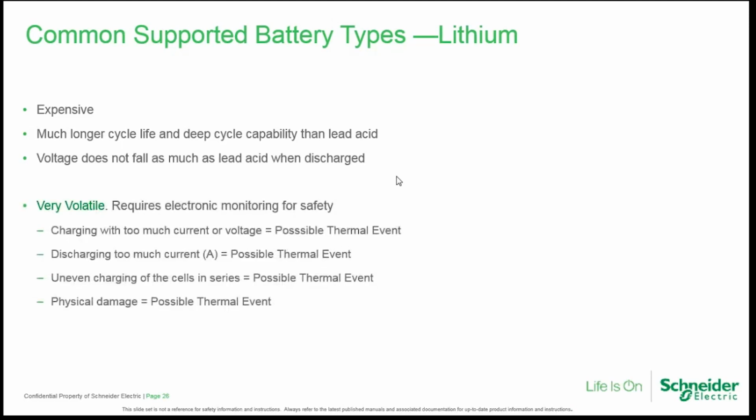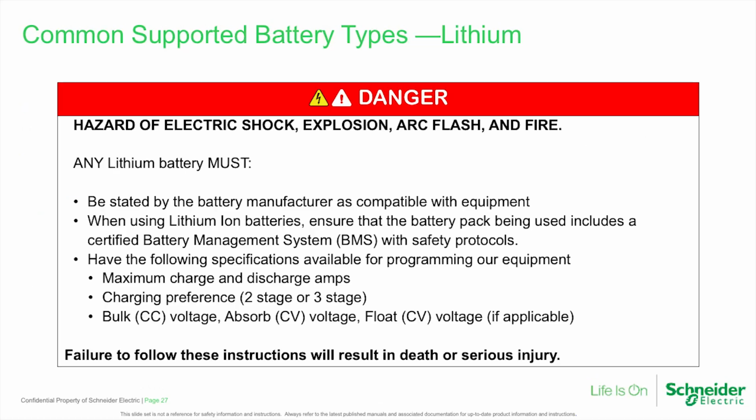If you charge them with too much current or voltage, bad things can happen. If you just discharge them too quickly, then bad things can happen. We didn't really worry too much about that with lead acid, as long as the wire was good enough for it. If you unevenly charge the cells inside the battery, then we can have a problem. If you physically damage it, you have a problem. So lithium batteries, you've got to be really careful.